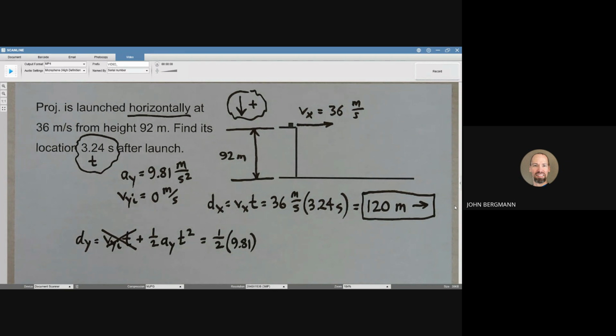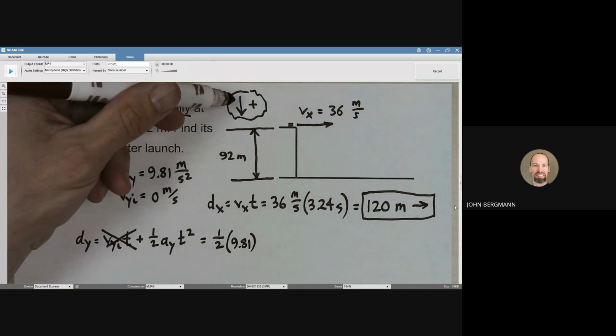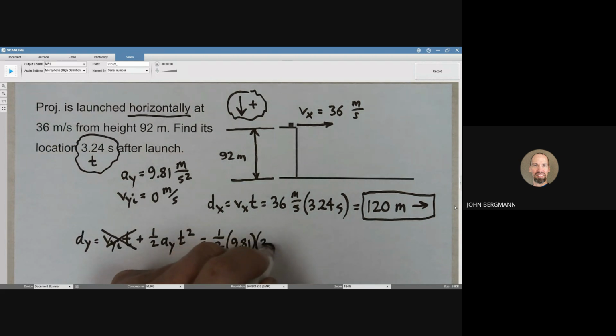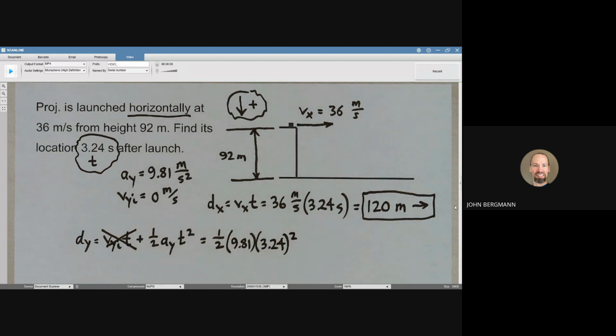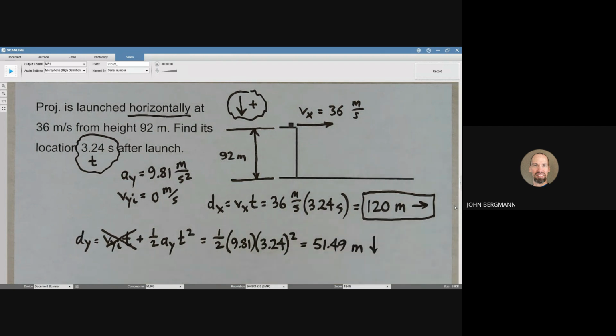In the previous problem, we said that upward was positive, and so the 9.81 was negative. But here, we defined it as downward being positive. And we can do that. 3.24, square that. When you type that in, you get 51.5, roughly. 51.49 meters. Now, what does that mean?